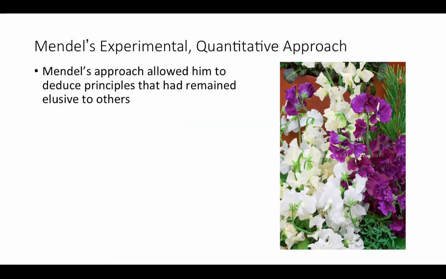So Mendel's approach allowed him to deduce principles that had remained elusive to others. As we know, genetics, inheritance can be incredibly complicated. There are lots of factors involved, and to be able to really zero in on these fundamental principles requires a very meticulous approach and very carefully controlled experiments on very simple traits.